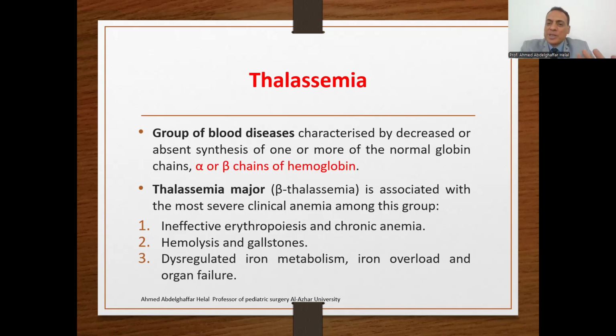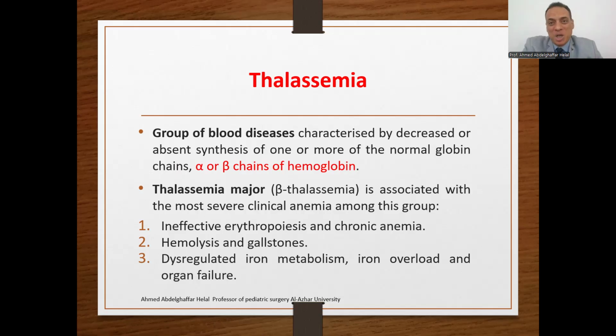So here, there will be decrease or absence of the synthesis of one or more of the normal globin. So there is what's called ineffective erythropoiesis. What is meant? There are RBCs, but not capable of carrying oxygen. It's defective RBCs that cannot carry oxygen very well.